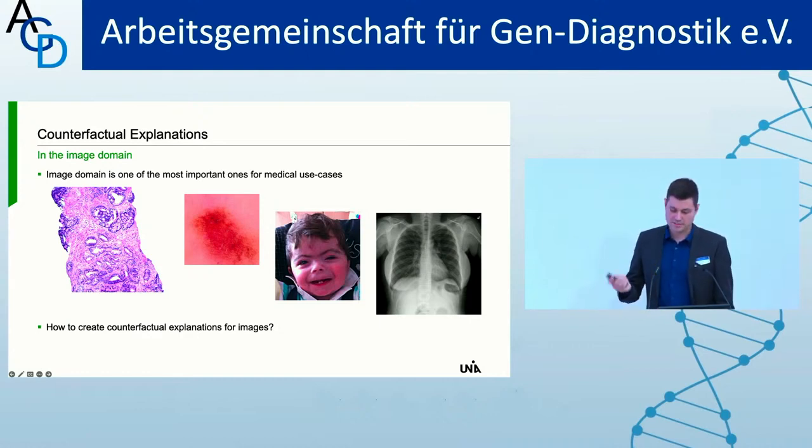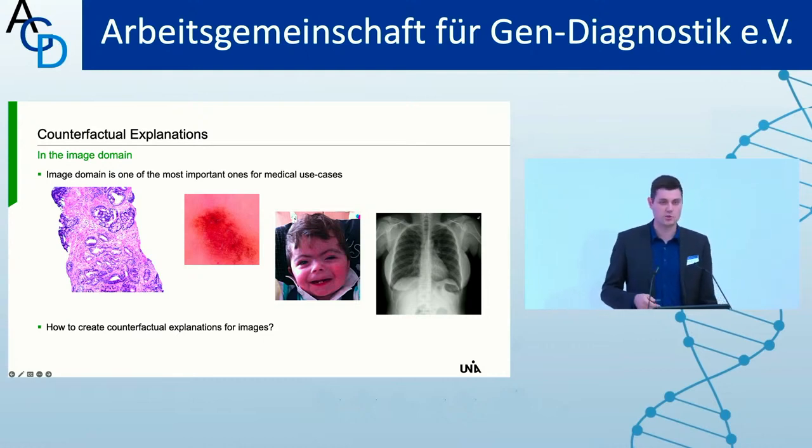So here in this example, we have microscopic sections, skin images, facial phenotype images, and X-rays. But how can we construct counterfactual explanations from these images? So images that are still based on the original image, but show a different version of it where the decision is changed.